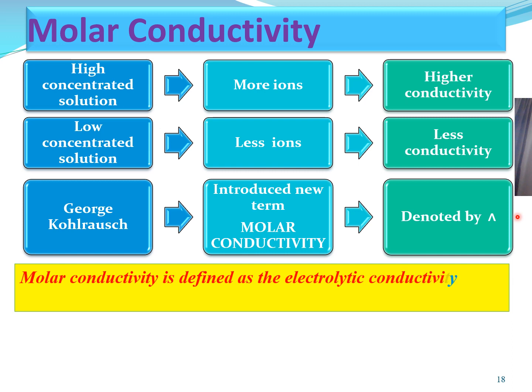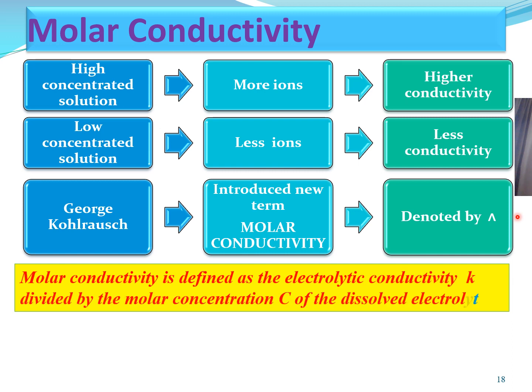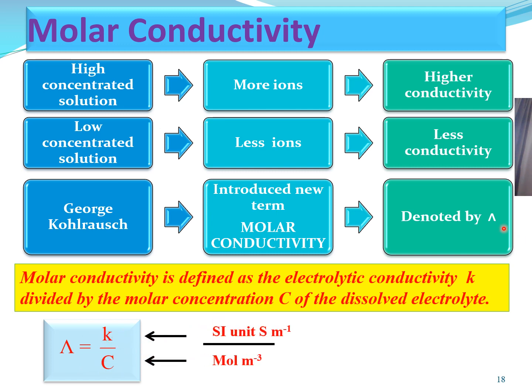Molar conductivity is the conductivity of the solution containing 1 mole of electrolyte. The electrolytic conductivity divided by the molar concentration of the dissolved solute is called molar conductivity. So lambda is equal to kappa upon C.